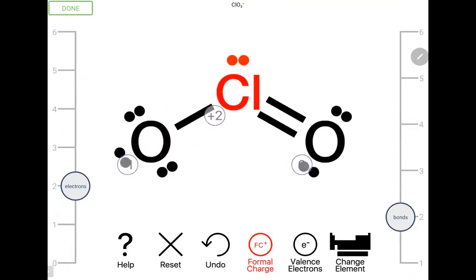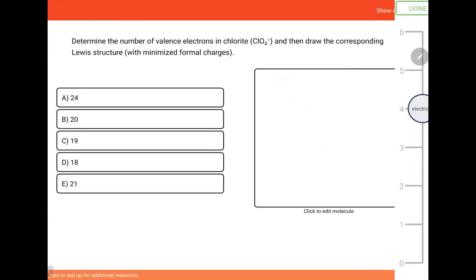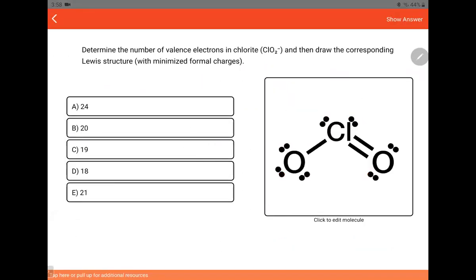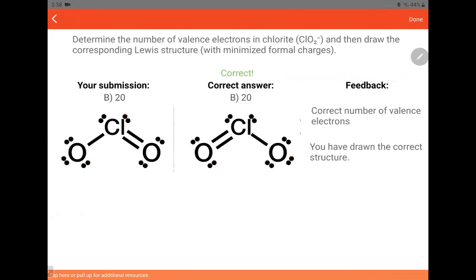And we can look at formal charge. So we have too many in the center, but chlorine is okay with that. There we go.